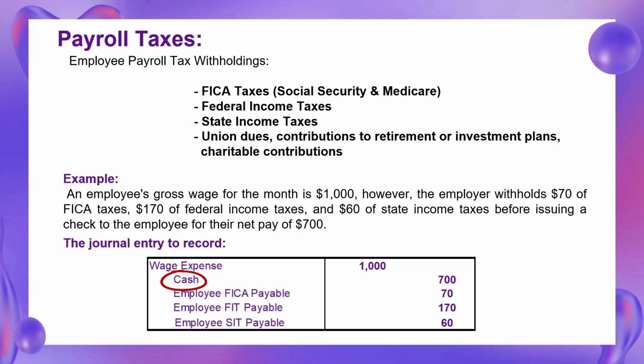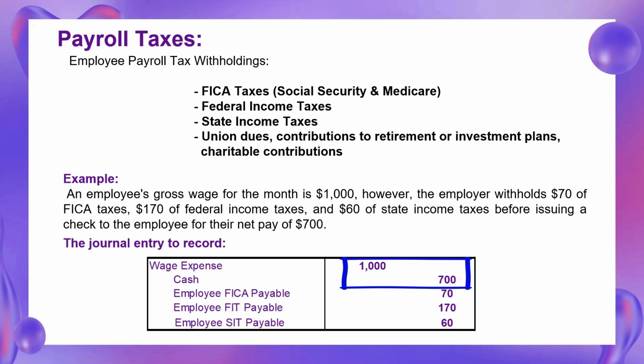This is the net amount that we're going to include on the check to our employee for $700. The difference, or $300, represents the employee's money, but we as an employer are going to retain those funds and pay it on behalf of you, the employee, to the appropriate federal and state governments.